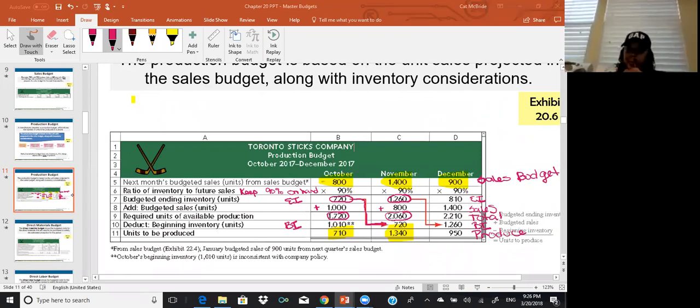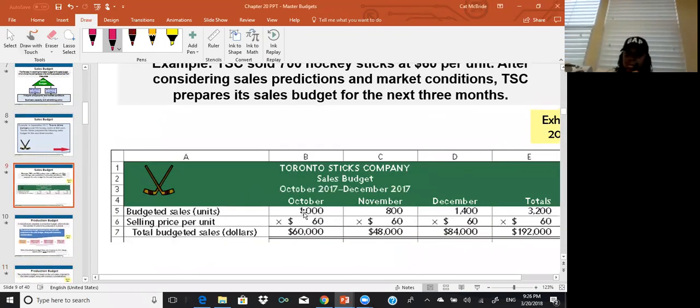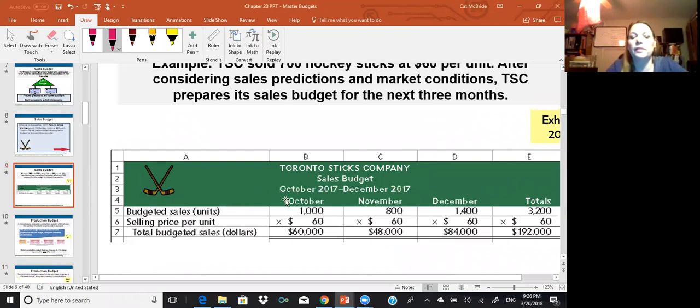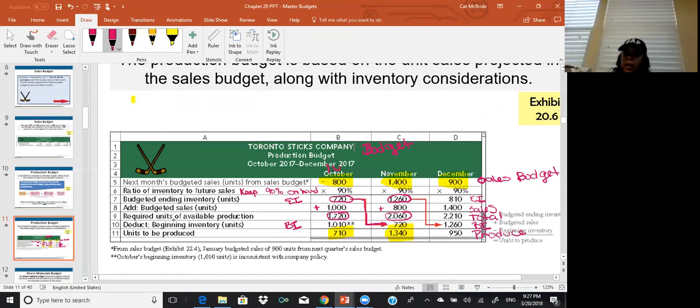All right. I have a question. For October, the 1,000 in budgeted sales units, where does that number come from? From here. Our budget was 1,000 for October, 800 for November, and 1,400 for December. So when we go over here, our budget was 1,000, 800, 1,400.